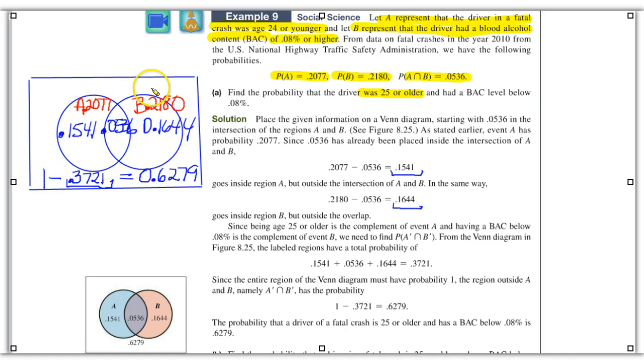Remember, 25 or older is out in the complement area of our Venn diagram and had a BAC level below 0.08. That would be this value right there. And that's what they're showing, and that's how we got to it.